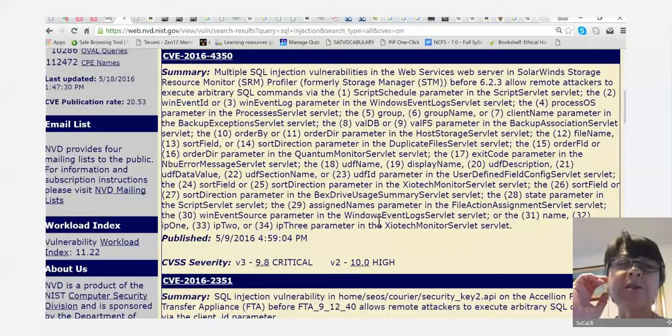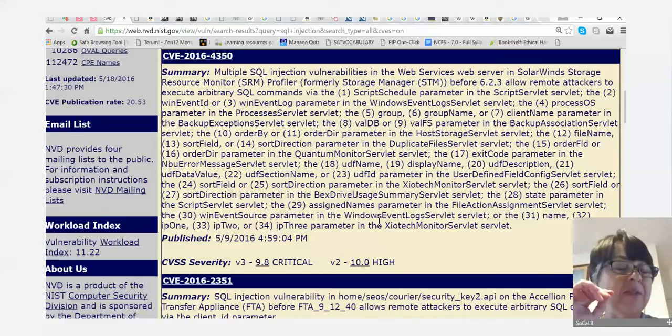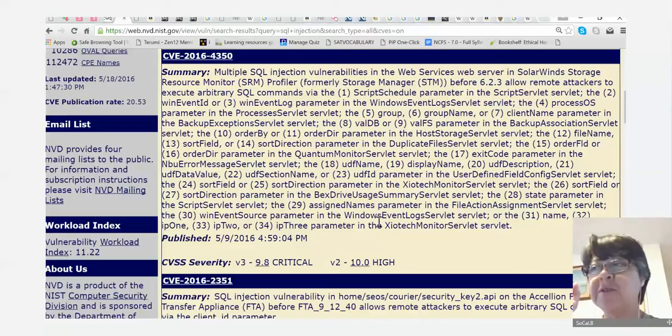That's funny because SolarWinds actually produces a lot of security tools. Oh, look at all that stuff. It's critical, it's high. What's up with that, right? You expect better from SolarWinds.